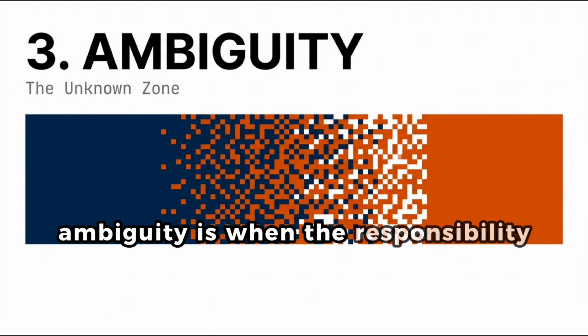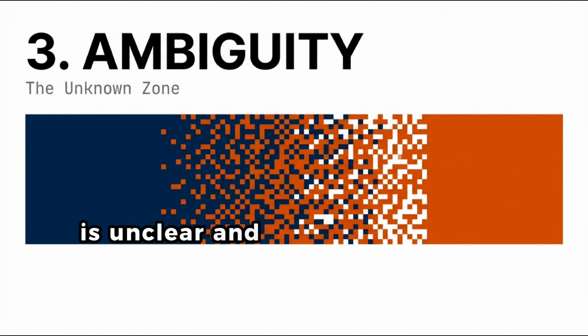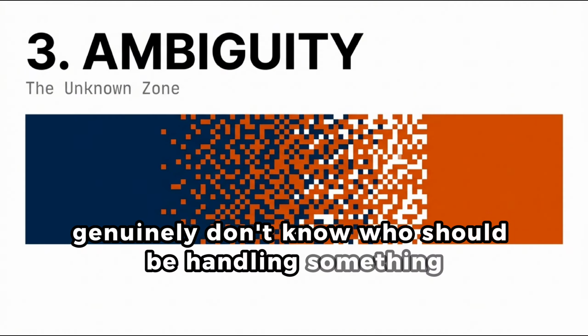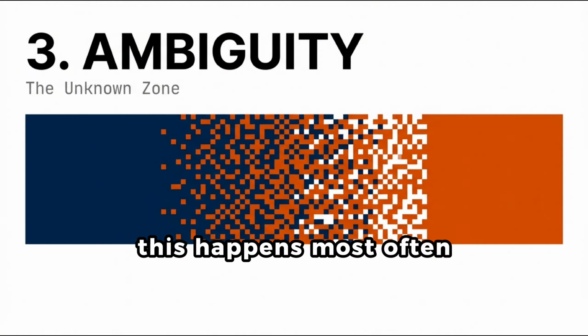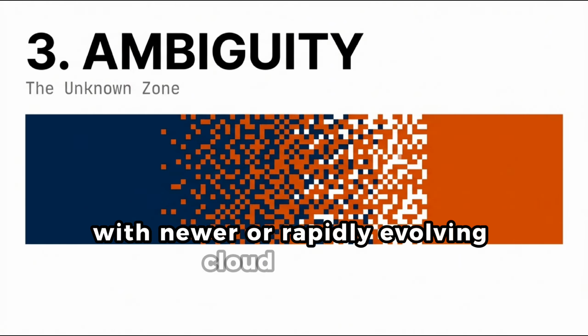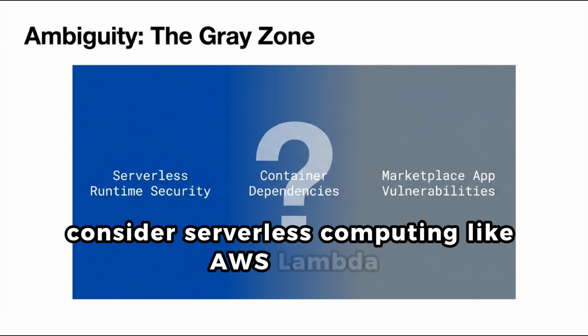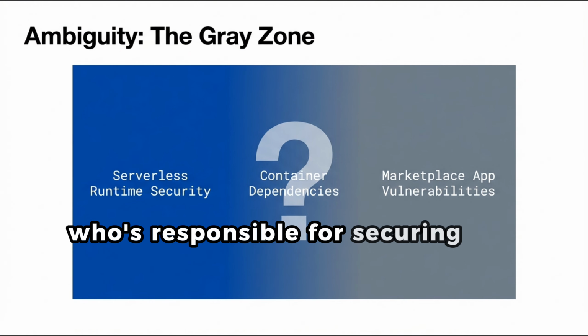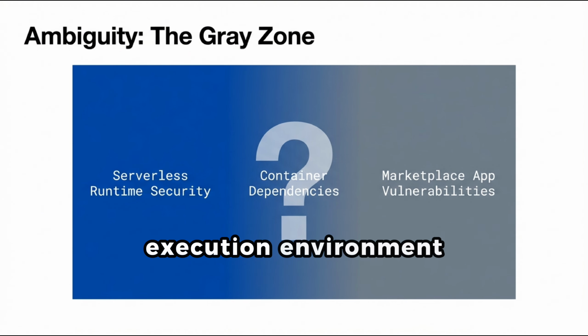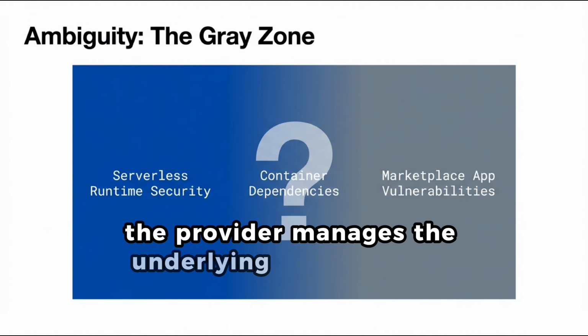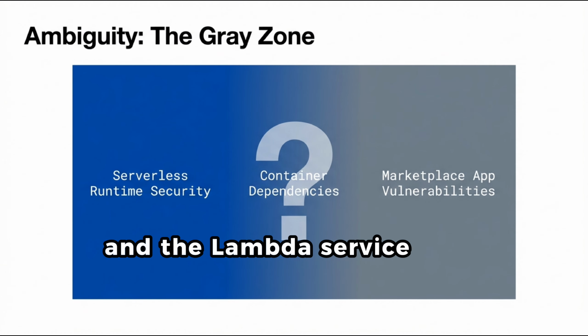Ambiguity is when the responsibility boundary is unclear and both provider and customer genuinely don't know who should be handling something. This happens most often with newer or rapidly evolving cloud services. Consider serverless computing like AWS Lambda. Who's responsible for securing the function execution environment? The provider manages the underlying infrastructure and the Lambda service itself.